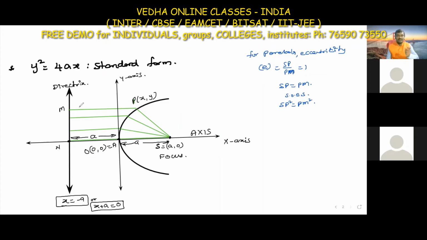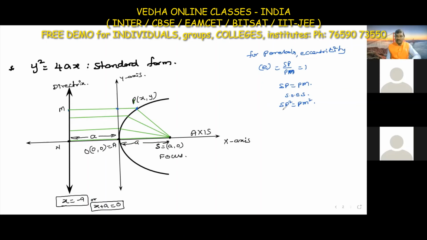One is the perpendicular distance formula from a point to a line. Otherwise, in general, this value represents the x coordinate of the point, and from here to here the distance is a units. We can calculate like that also.